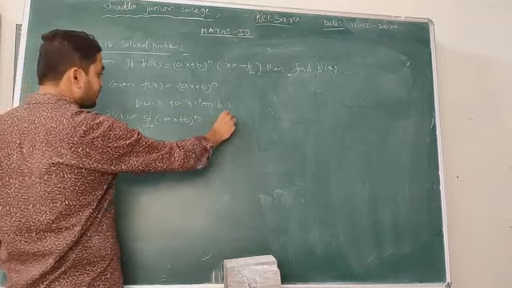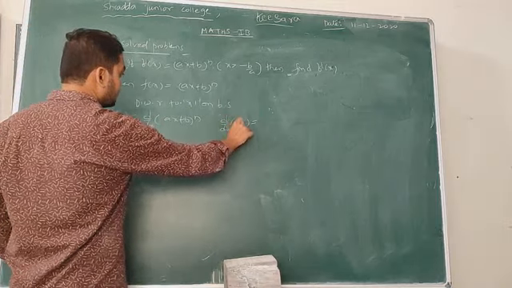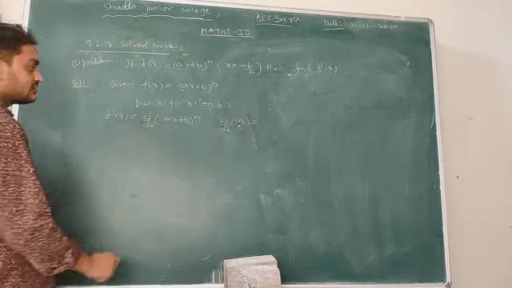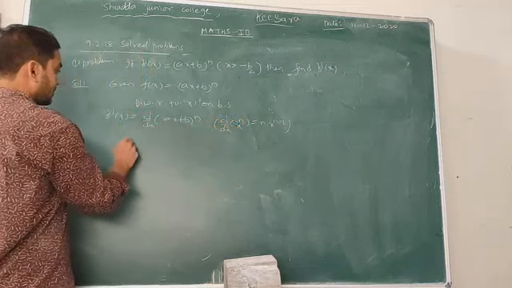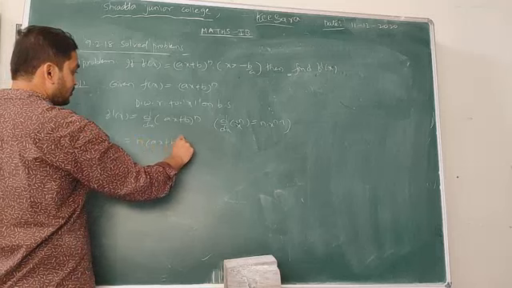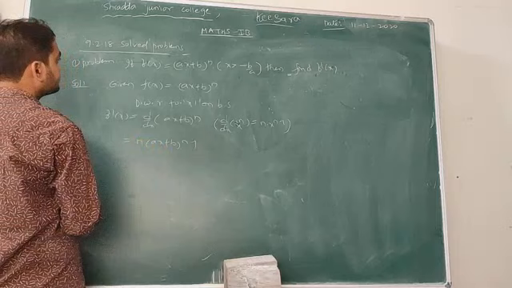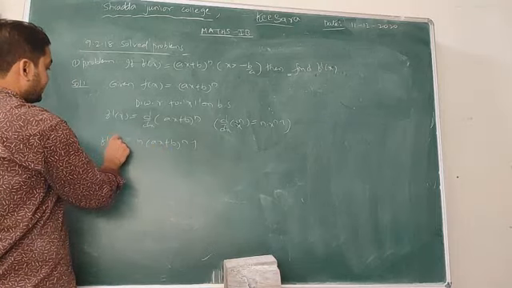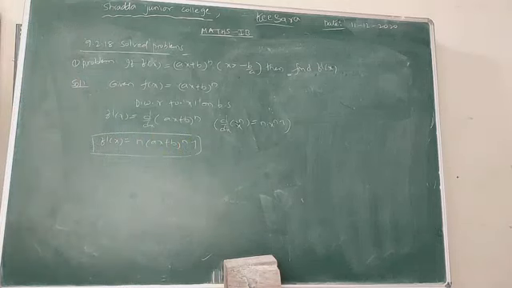See now, this is which form? d dx of x power n form. d dx of x power n, what is the formula? That is n into x power n minus 1. Here n into ax plus b whole power n minus 1. So now this is the derivative of the given function f of x.